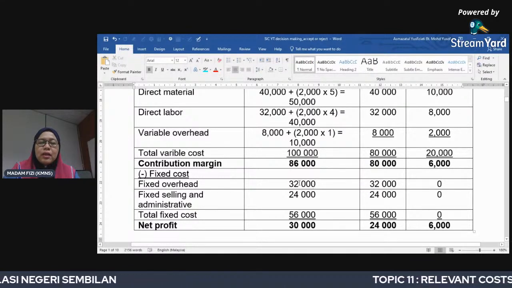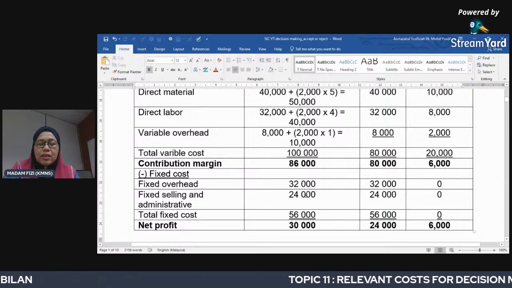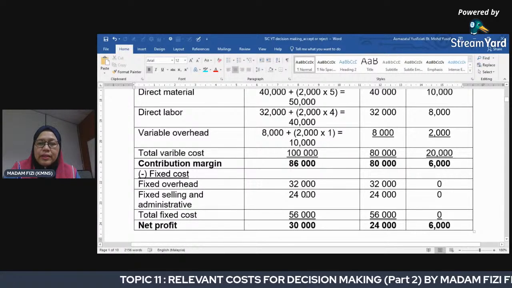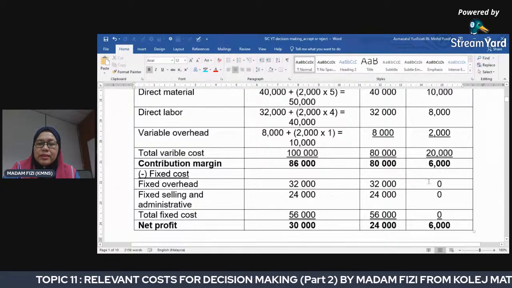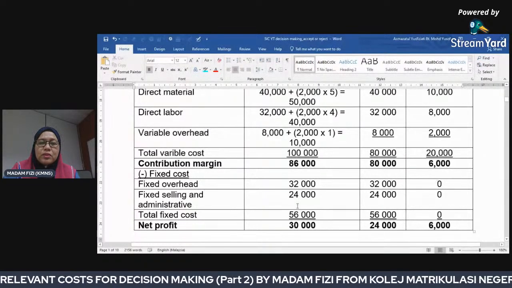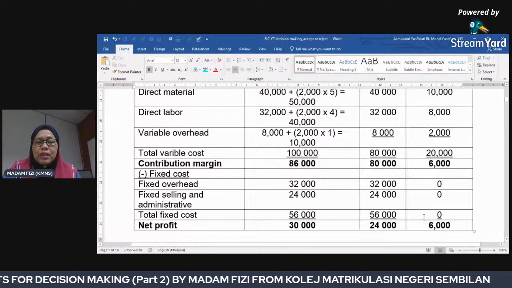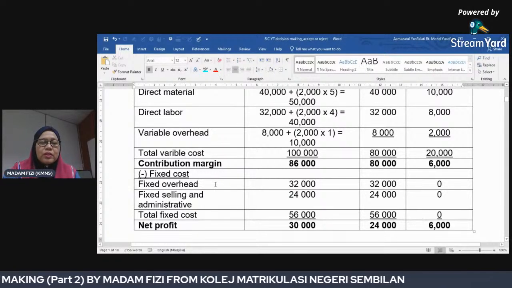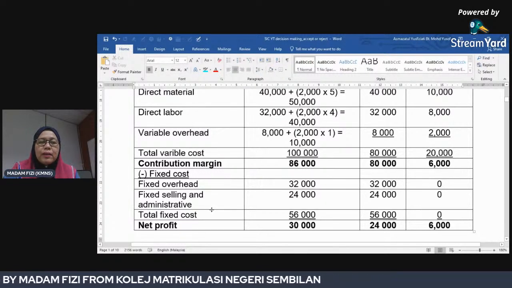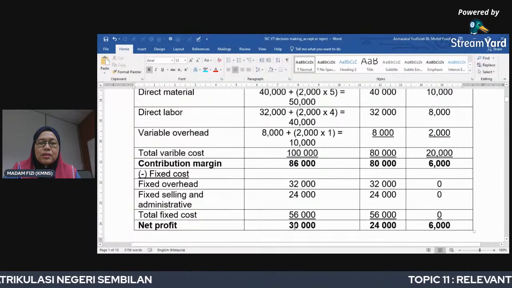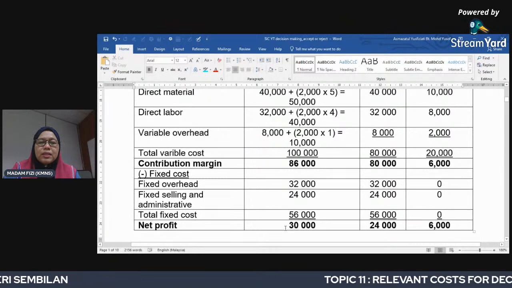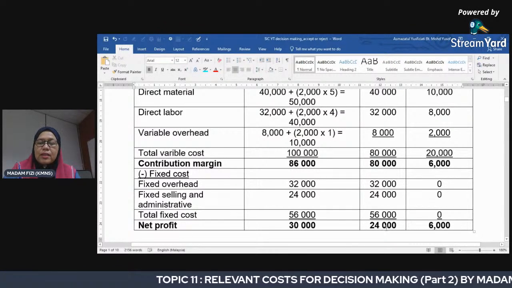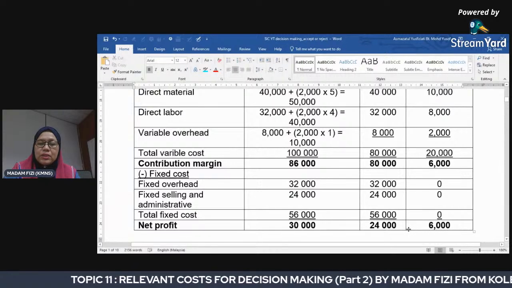Unavoidable cost maksudnya reject ke ataupun accept, the cost is still the same. So the difference is 0. Walaupun dia ni unavoidable cost, saya nak awak tunjukkan juga dalam calculation. So the net profit is 30,000 for accept and 24,000 for reject. So the difference is 6,000.